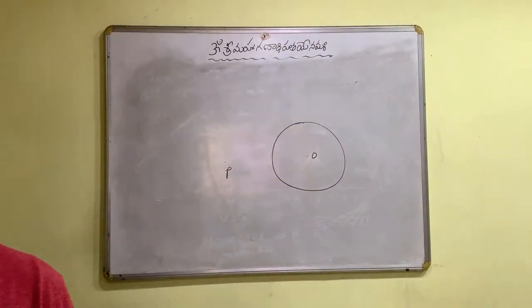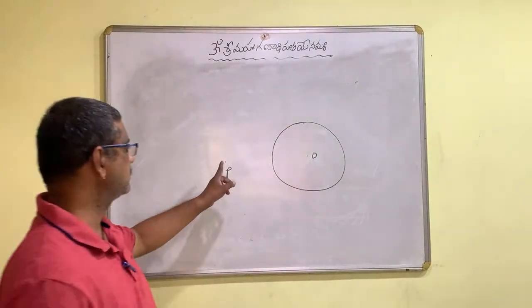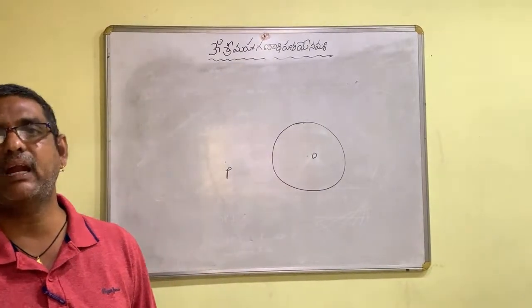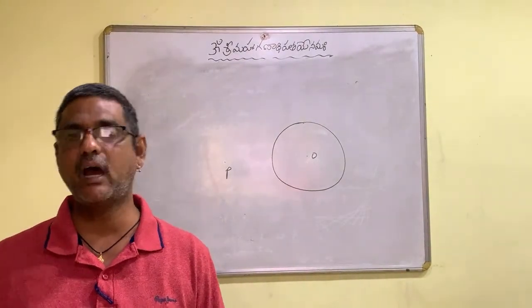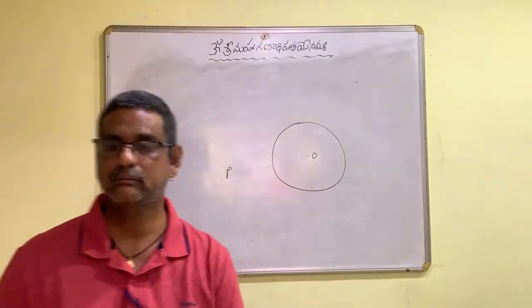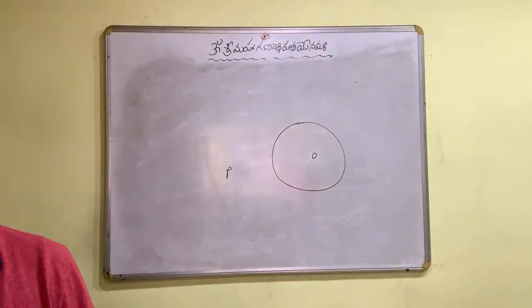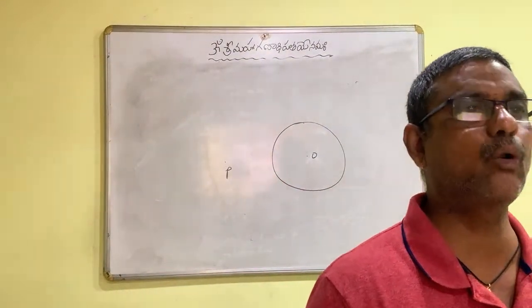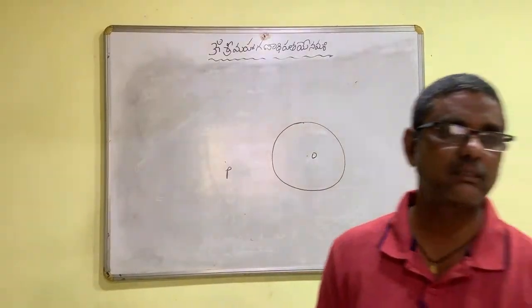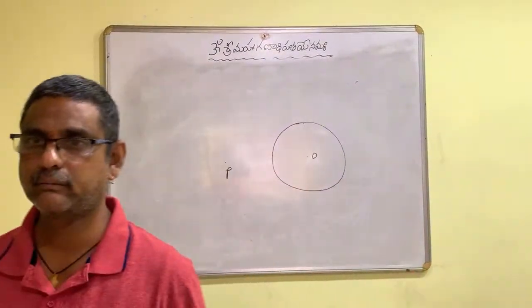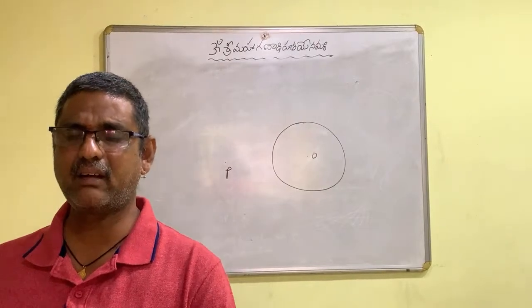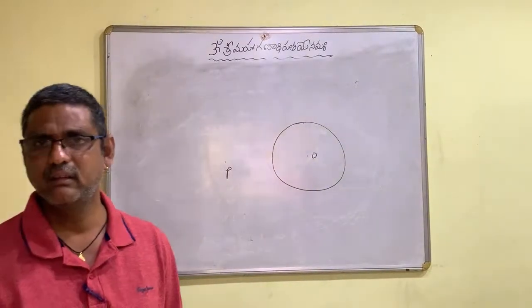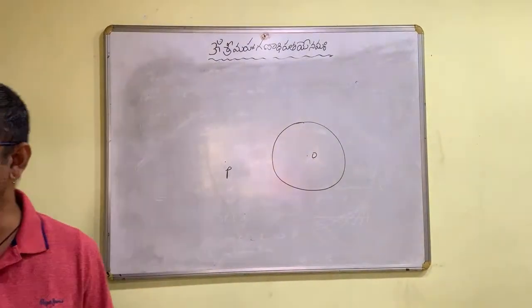Now you tell me, children, from this point P, how many lines can we draw to the circle? Only one. So from P we can draw only one line.